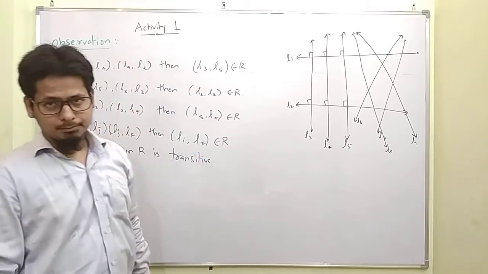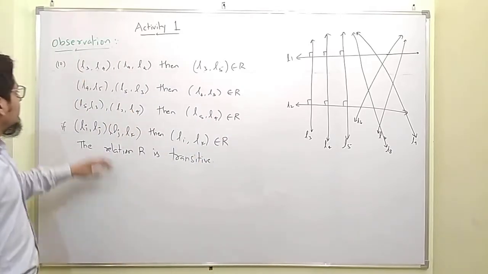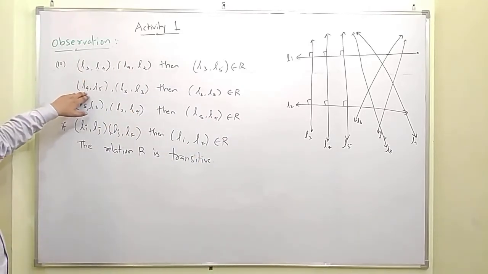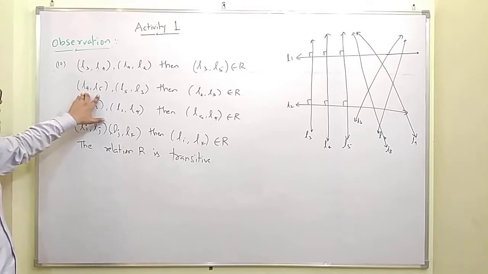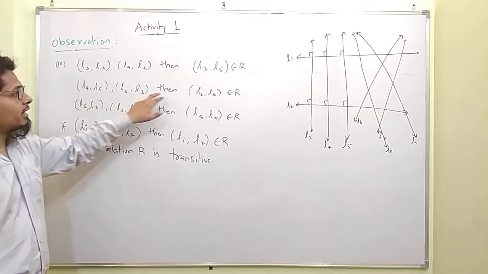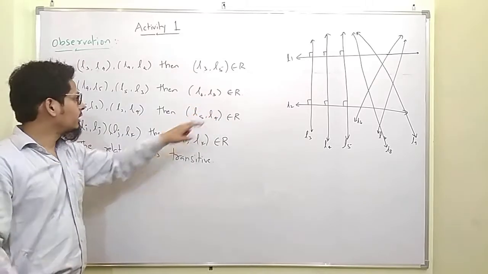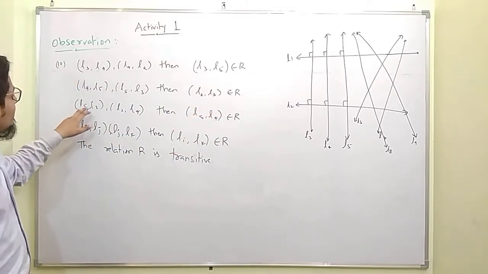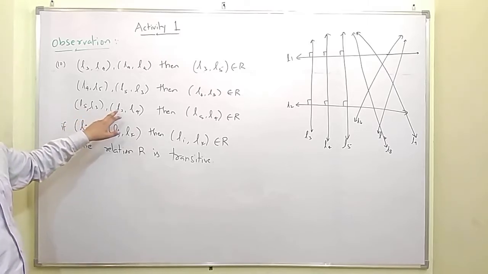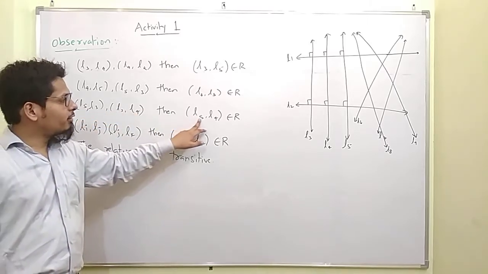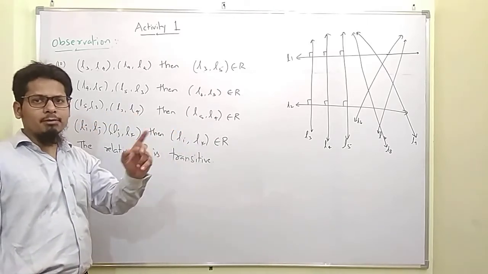Now one pair is not sufficient, it must hold for every pair, okay. So next we take 4 and 5, 5 and 3, then 4 and 3 is also parallel to each other. Okay, and the last, L5 and 3, 3 and 4, and L5 and L4 are parallel to each other.